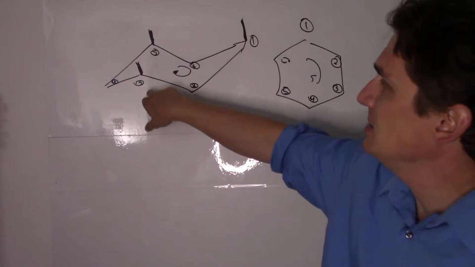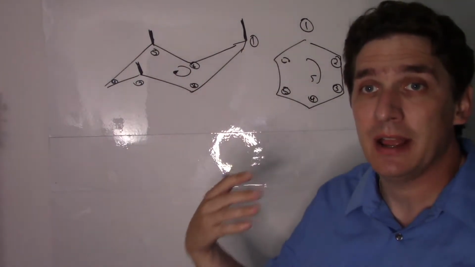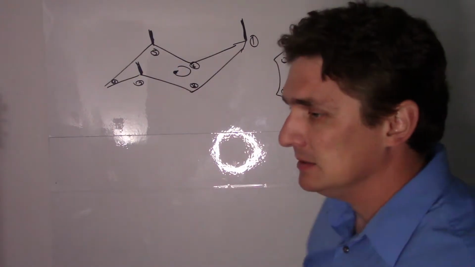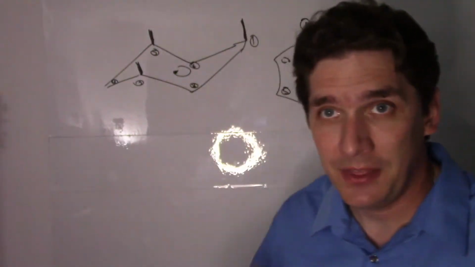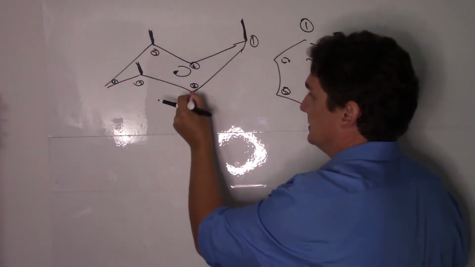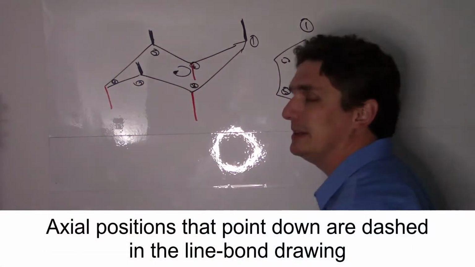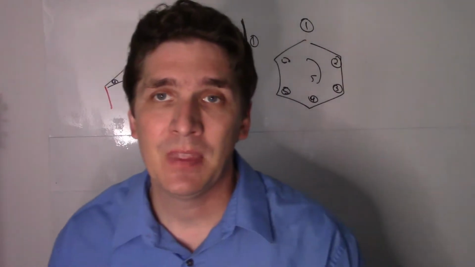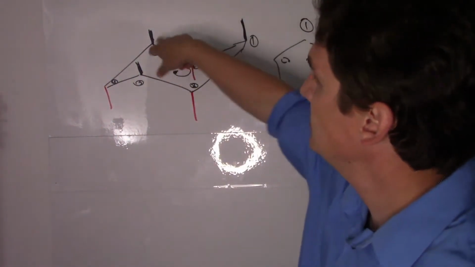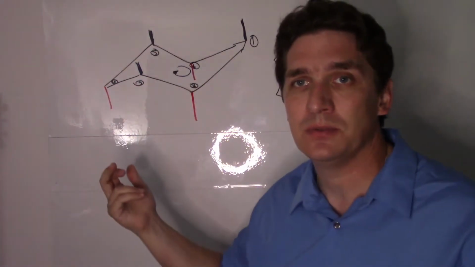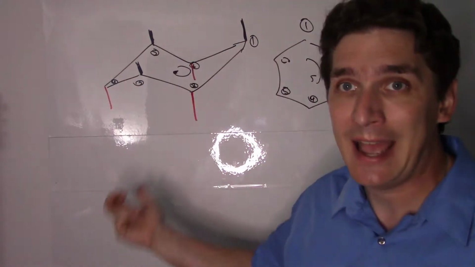So if I had something axial here and axial here, they will appear as a wedge. Now, there are 3 other axials that point down. So the 2, 4, and 6 positions, these all point down. These will get a dash. So I know these 3 black ones are wedged, these 3 red ones are dashed.